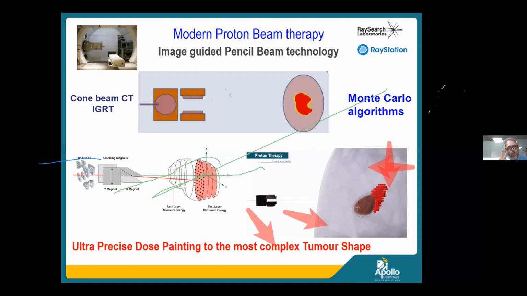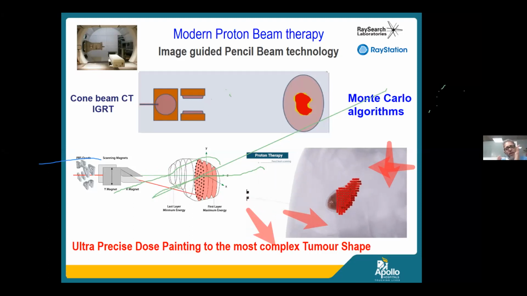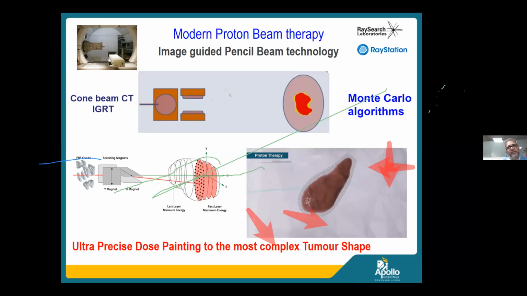There are two more extra things which took place. The two things that took place were the pencil beam and the energy. Two other things that took place: although we had this sophisticated technology, it is amazing that a significant proportion of proton beams, including today in many parts of the world, do not have image guidance. You may have the most fantastic technology.